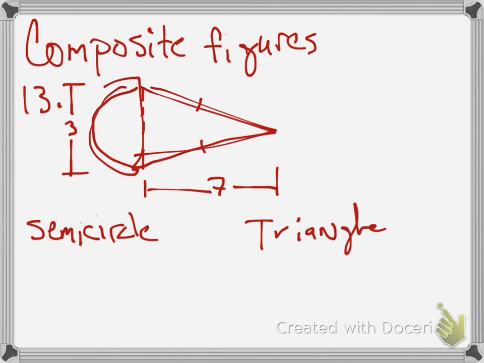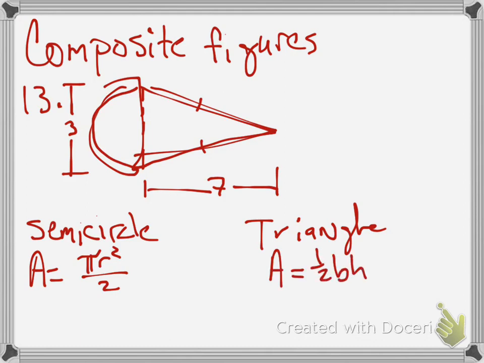Okay, so how do you get the area of a semicircle? The area of a semicircle is, again, pi r squared, but again, divided by 2, because you're cutting a circle in half. An area of a triangle is 1/2 base times height, and make sure you have the base and the height. Now, notice here, this 3 goes all the way across, and the 7 goes all the way like this.